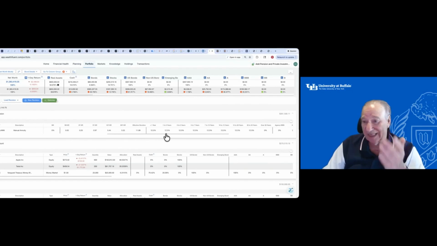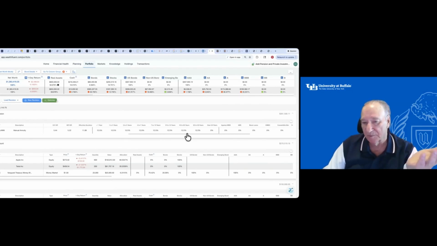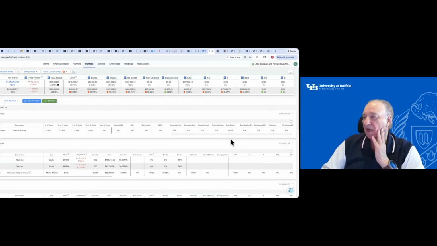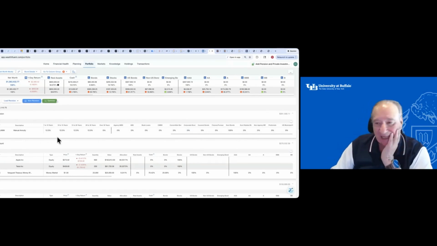It has an even distribution along the buckets of years. We'll be able to manage it with its effective duration. And if we go further down, we've got those buckets, and it's a government bond, so it doesn't have credit risk like corporate bonds, etc. So we just have to indicate what the risk dimensions are in our definition for bonds.